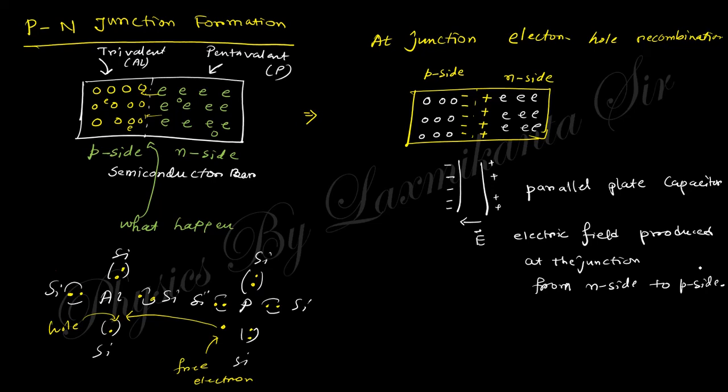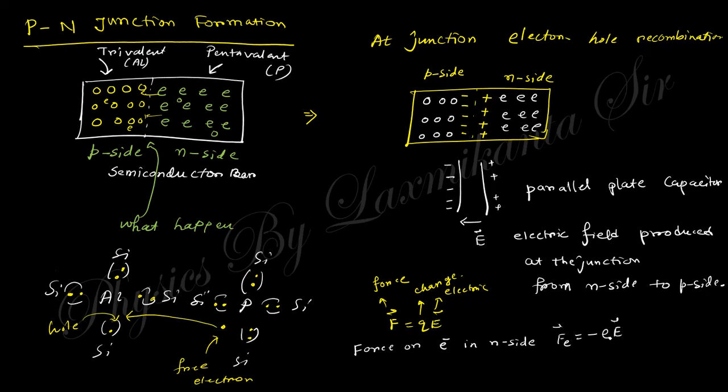This electric field opposes further recombination of electrons and holes. How? You know the force is F equals QE, where F is the force, E is the electric field, and Q is the charge. So what will be the force on an electron? The charge of an electron is minus e, so the direction of the electric field and the force on the electron are opposite.